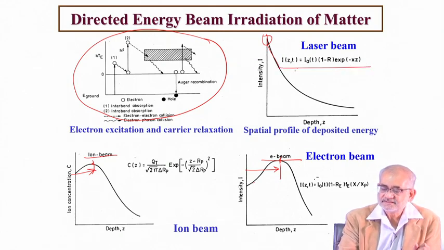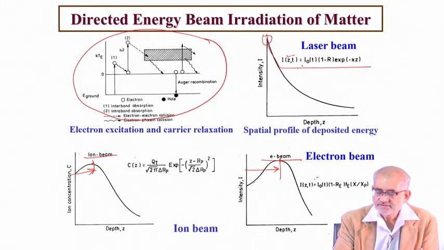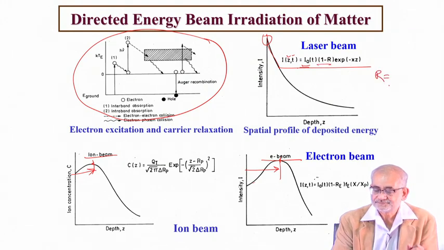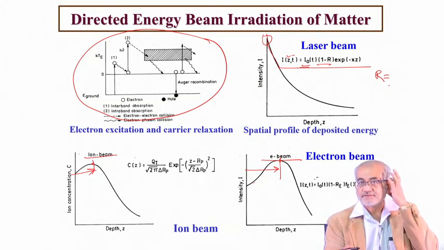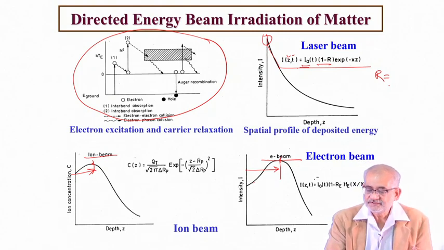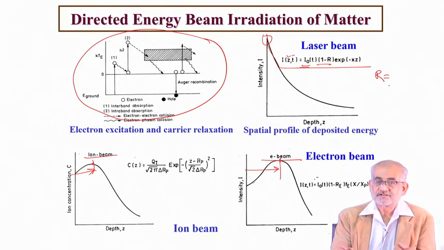And then the intensity decreases as a function of depth, Z, and time. So both time-wise and depth-wise it decreases. If I naught is the incident radiation, then as a function of time it decreases in the following manner, 1 minus R, where R is reflectivity. Please remember that reflectivity is the complement of absorptivity. But absorptivity and absorption coefficient are not the same.